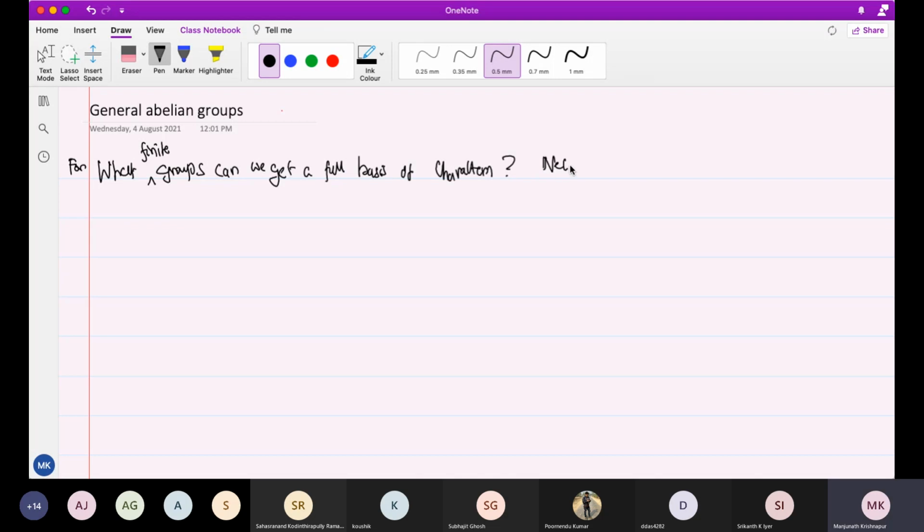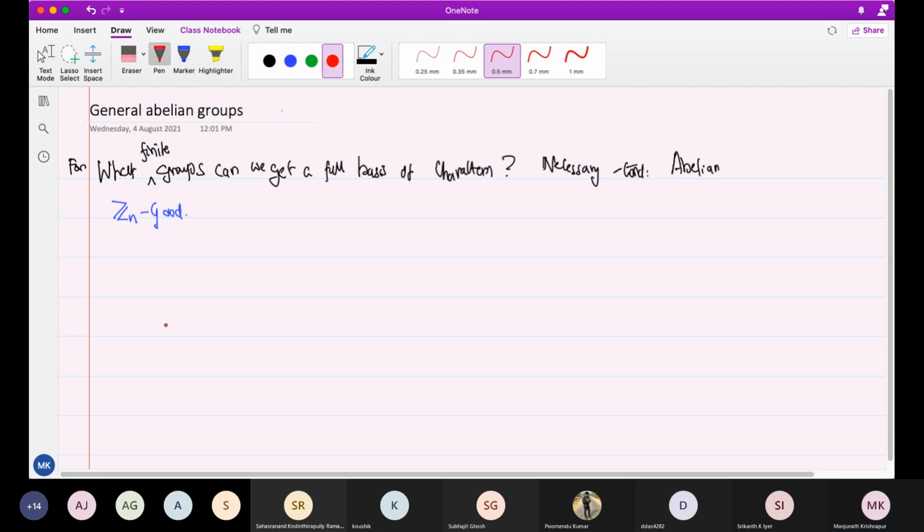A necessary condition is that the group should be abelian. What we know is that Zn is good, cyclic groups are good. Now let's see if, from some groups for which it is good, we can build more groups for which it is good. So here is an observation.